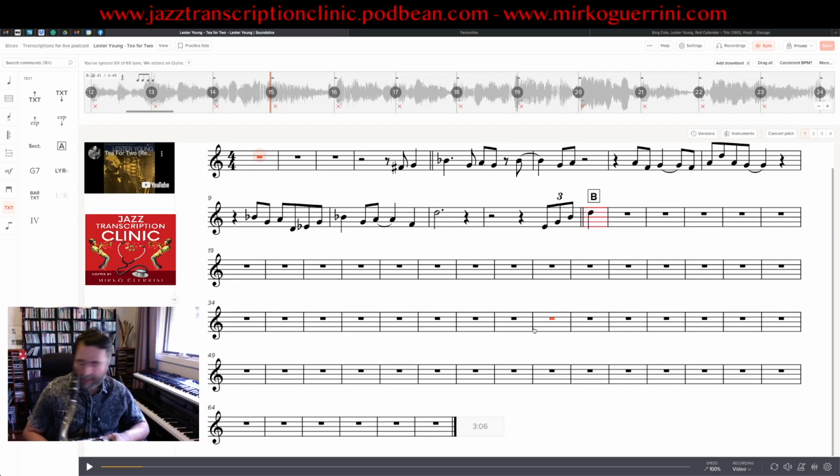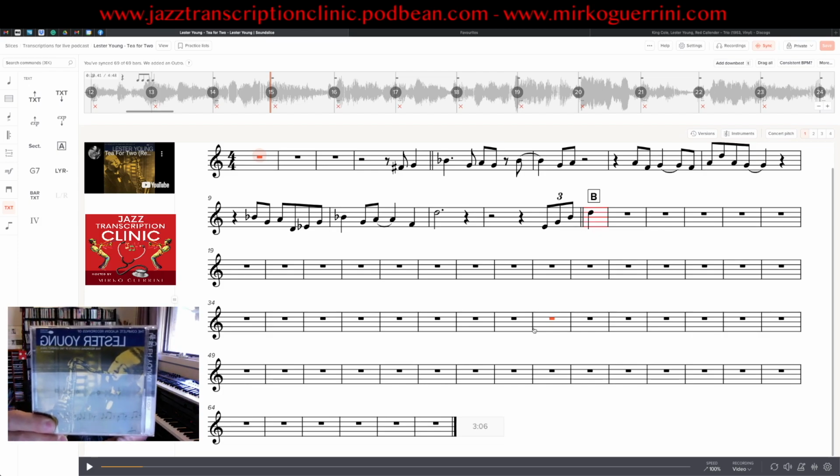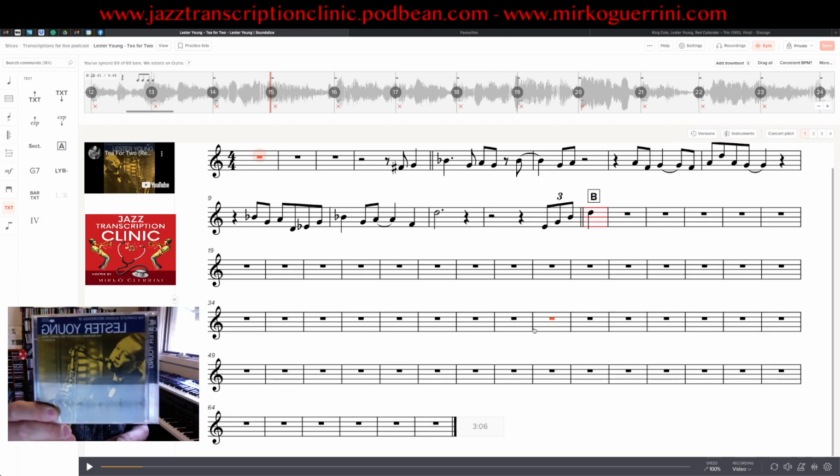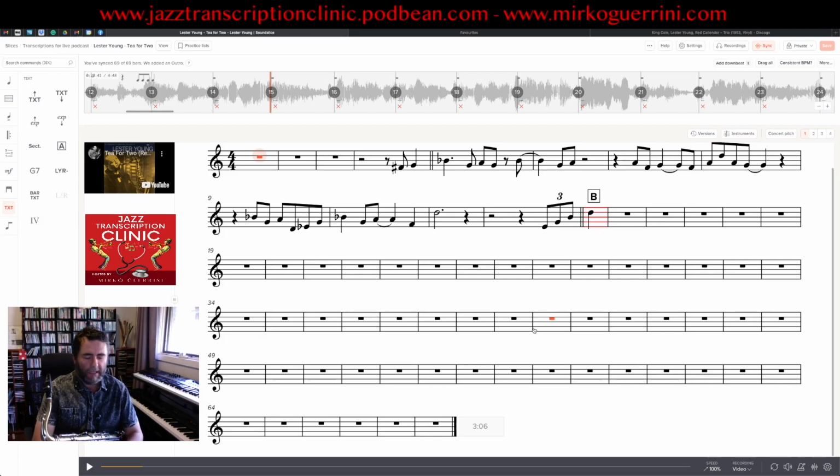This is a recording coming from a collection called the Complete Aladdin Sessions by Lester Young with various formations. And this track, T for Two, is a recording that dates back to 1942, and there is Nat King Cole playing piano, so another very elegant player, and Red Callender playing drums.